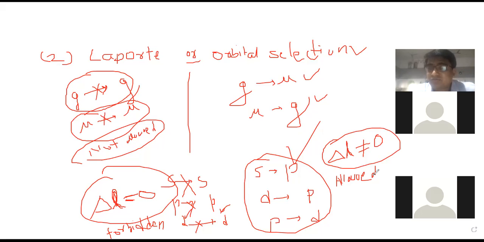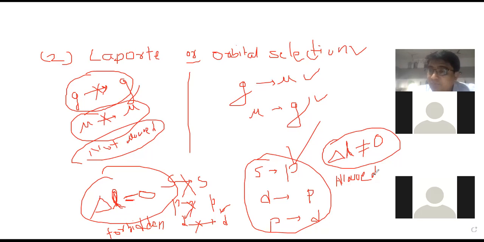That means the molar extinction coefficient, or molar absorptivity as it is also called. So for an allowed transition, the value of epsilon is high, in the range of 1000 to 10,000, and it results in a high intensity band.